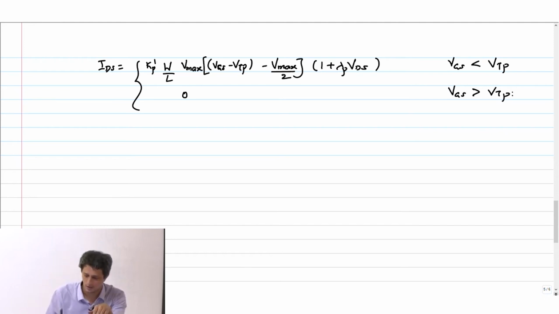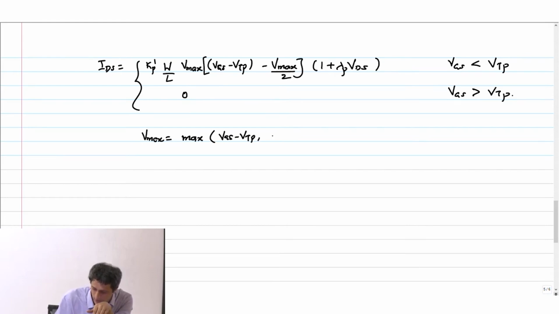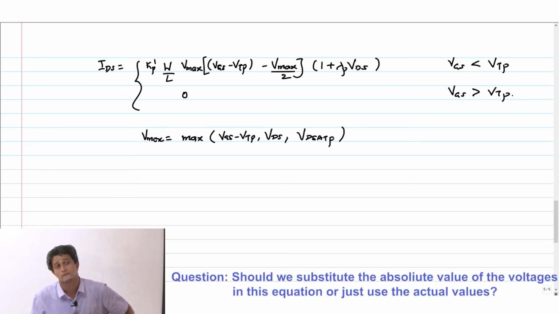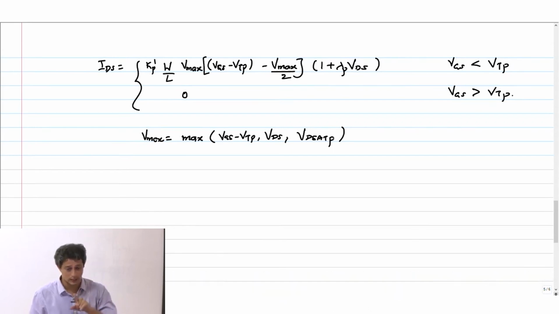What is Vmax? It is simply going to be the maximum of VGS minus VTP, VDS and VD sat P. I am not writing it in terms of mod because it's a little bit confusing. Here I have not asked you to do any mod.